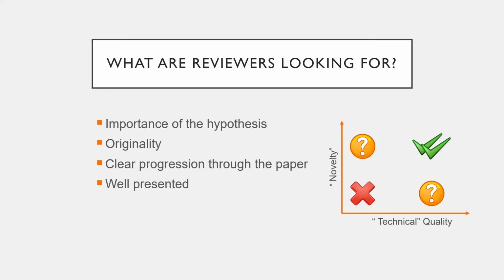If you meet these criteria, your paper could probably be accepted. So you need to understand, very important, the novelty and the quality of the paper. It's fundamental to getting your paper accepted in a journal.